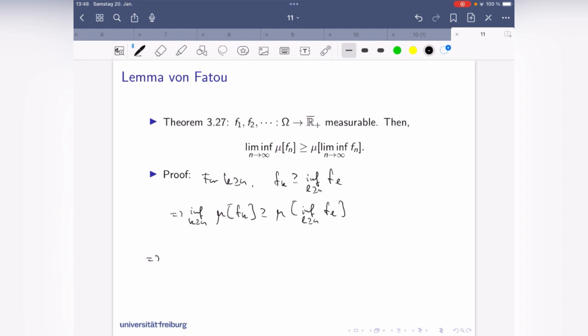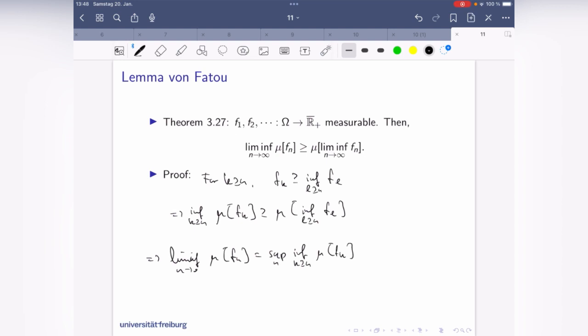Okay, and now it's the following one-liner. I start with lim inf, n goes to infinity, mu fn. That's, just by definition, sup over all n, inf over all k, starting from n, mu fk.